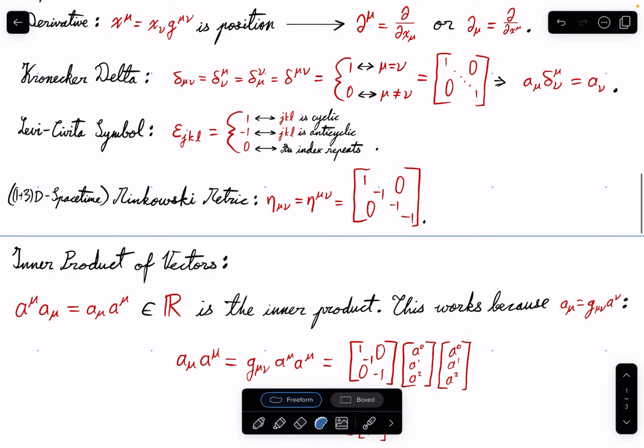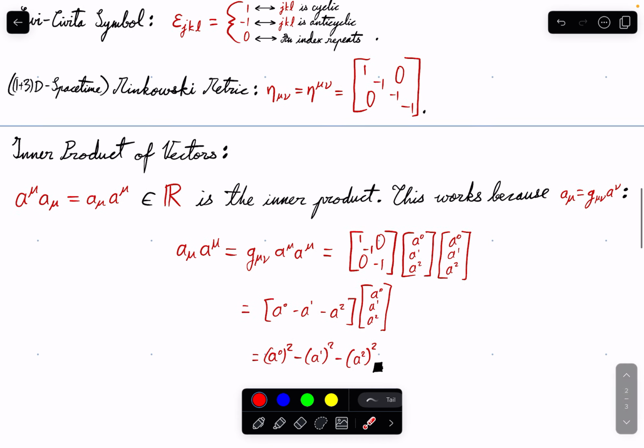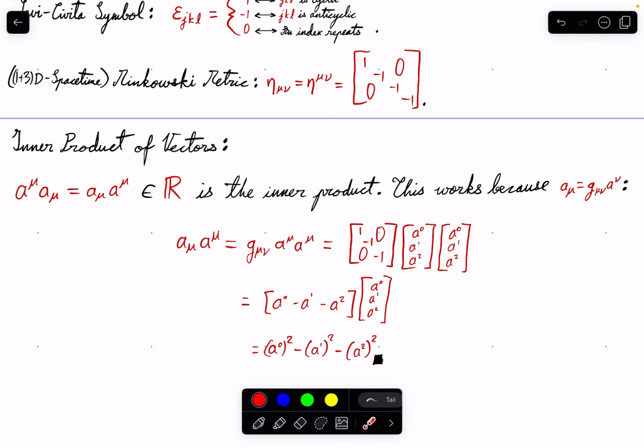Oh, I want to make something clear here. You may be wondering how are these two things equal? Because this is a row vector times a column vector, and this is a column vector times a row vector. And in general, matrices do not commute, so you cannot get the product of a column vector times a row vector as being the same as a row vector times a column vector. Well, the thing is that in the tensor formalism, these represent the indices and the objects themselves.